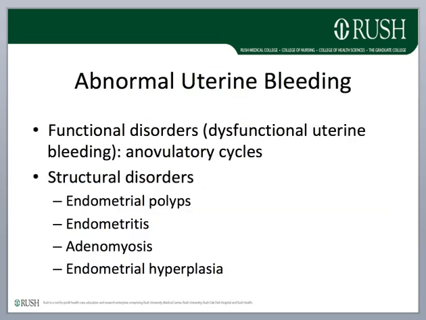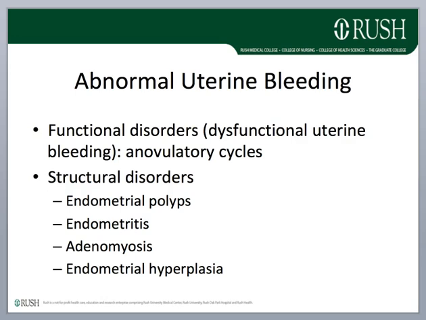So, to sum up the causes of abnormal uterine bleeding, where the uterus is the source, we distinguish between functional disorders, or dysfunctional uterine bleeding, most commonly associated with anovulatory cycles due to some disruption of hormonal balance, versus structural disorders including endometrial polyps, endometritis, adenomyosis, and endometrial hyperplasia.